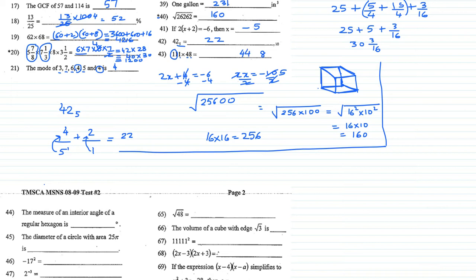Thereafter, multiply the outer numbers. So 11 times 8, so that's 88, and then multiply the inner numbers, which is 4 times 1, which is 4. So 88, add that number to 4, so we get 92.